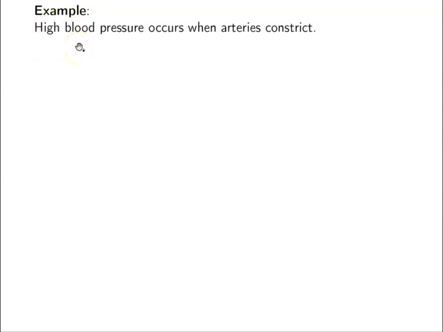Example, so high blood pressure happens when the arteries constrict. In order to keep the flow rate regular, the heart pumps harder. So for high blood pressure, you might have clogged arteries or whatever the case is, but the arteries are constricted. Either they are constricting themselves or they are blocked, so then blood flow is restricted, right?